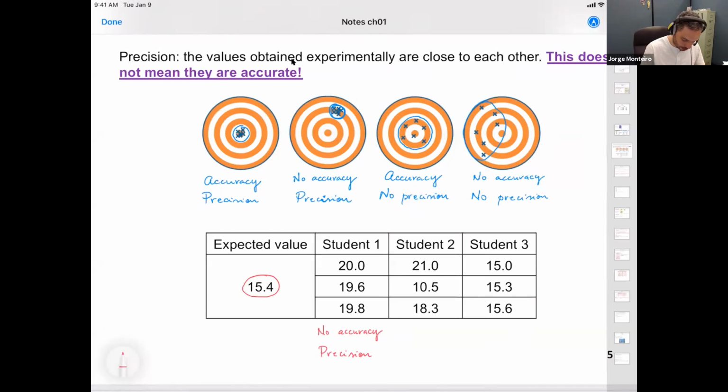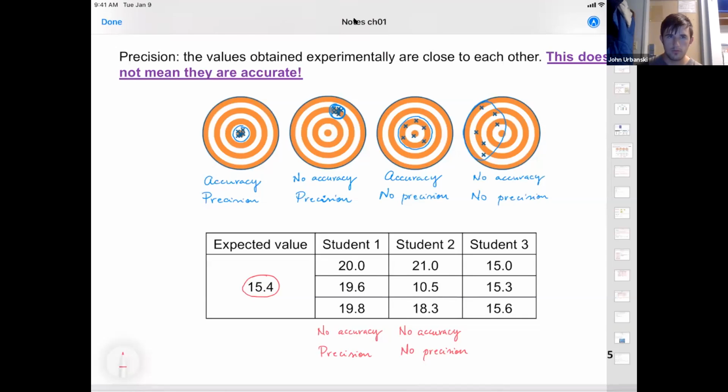Student two is all over the place, far from the expected, so no accuracy, no precision as well. And student three has to be the example that everything works, right? So very close to the expected, values are close to each other. It's the perfect student here.